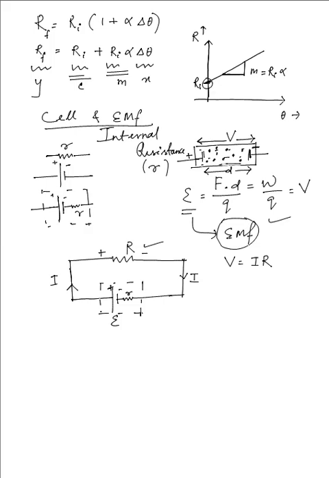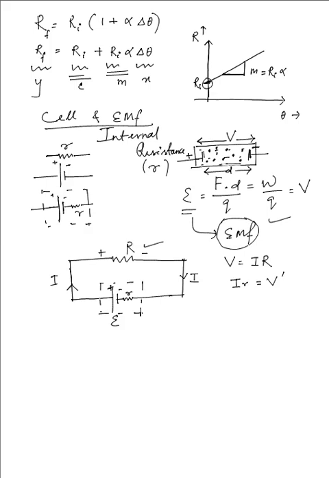And because the current must flow across the entire arrangement for the circuit to get completed, obviously we will have a certain potential difference across the internal resistance as well. This potential difference is I times r. We can give it a notation V dash.